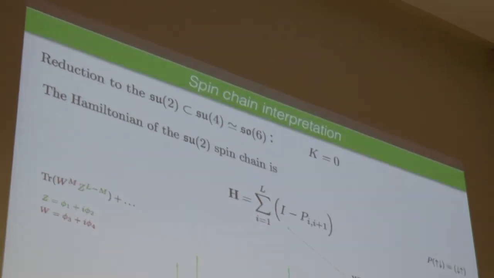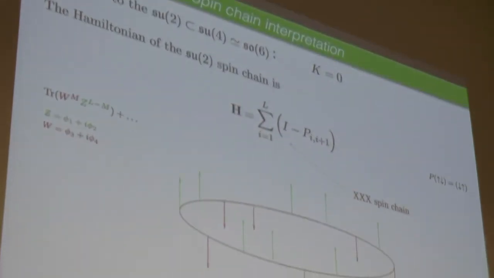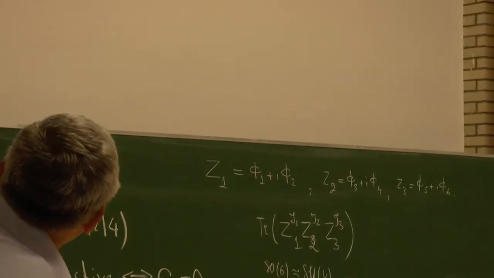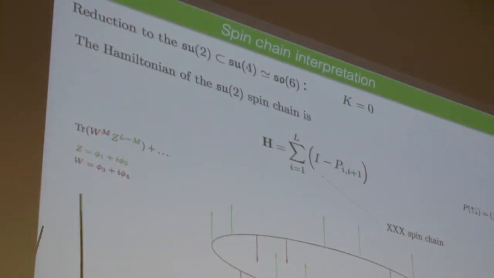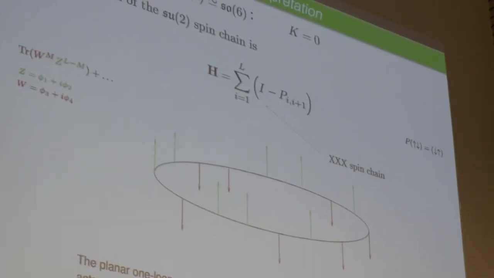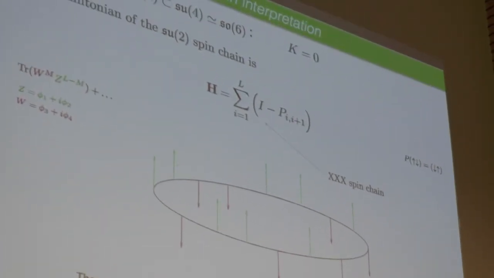So basically you take just Z1 and Z2 and you forget about the other two scalars. You call these fields Z and W, and you consider operators of this type made of W and Z. And this W and Z can have different positions under the trace. So W can mix with Z. This is signified by putting here plus dots. So you can have many operators where W is distributed among Z in different ways.